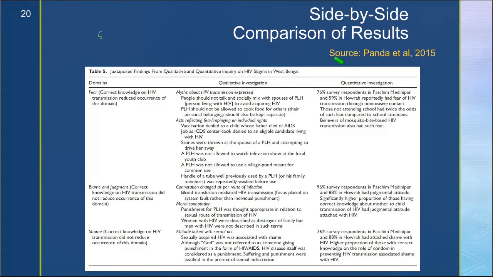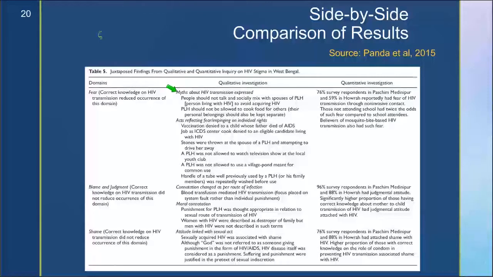So note, this joint display is really kind of interesting. They have it organized by these different domains, and they note that they're juxtaposing their findings from their qualitative and quantitative investigation. So their domains are things like fear, blame and judgment, shame, and then they aligned, and this is facilitating that merging comparison, what they learned quantitatively about fear.